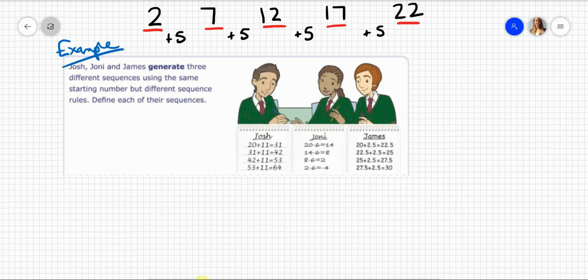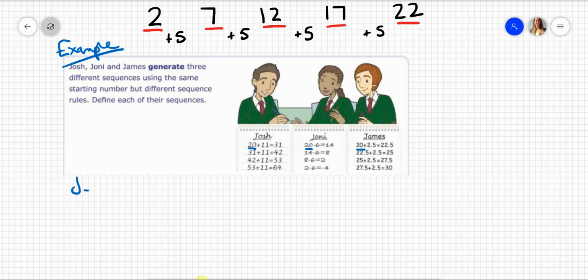Josh, Joni and James generate 3 different sequences using the same starting number but different sequence rules. Define each of their sequences. So pause the video and copy that down please, and copy down their sequence. Okay, so we can see that they've all started with the number 20.